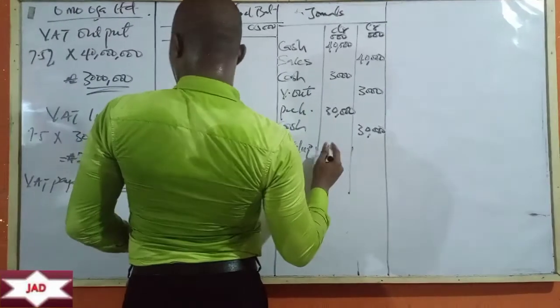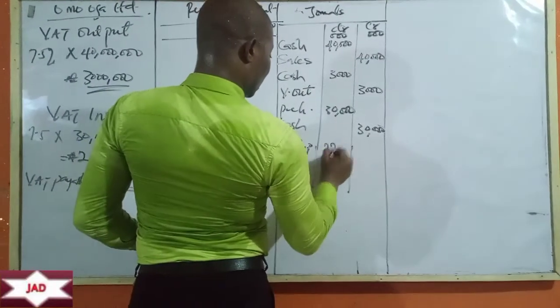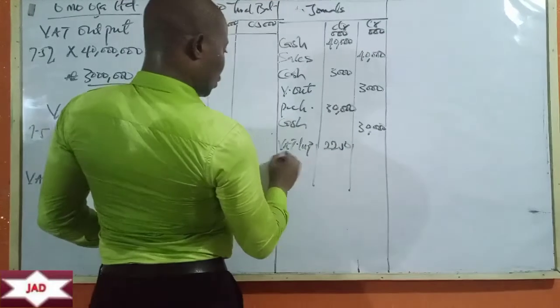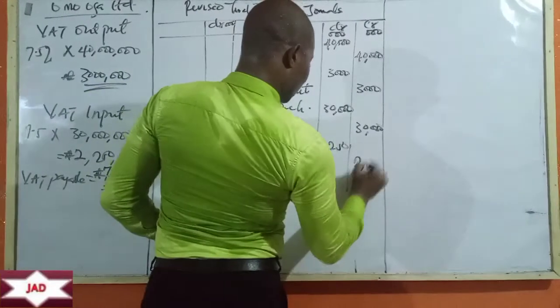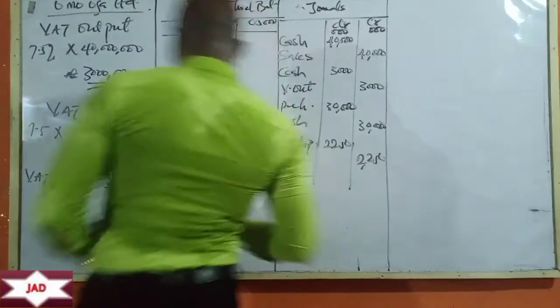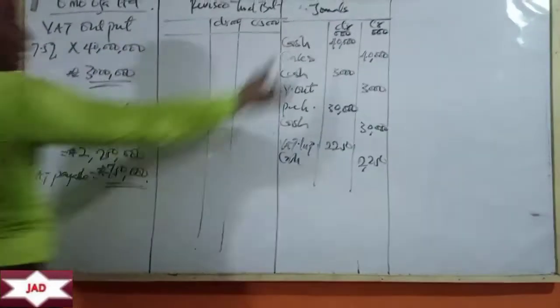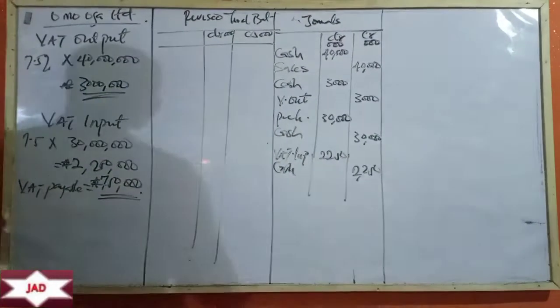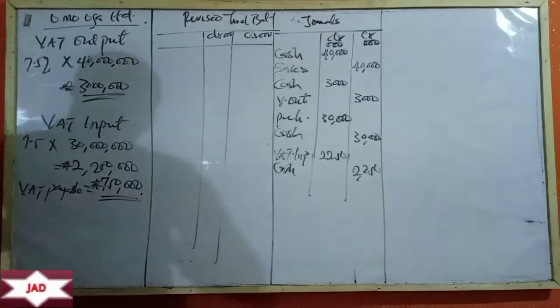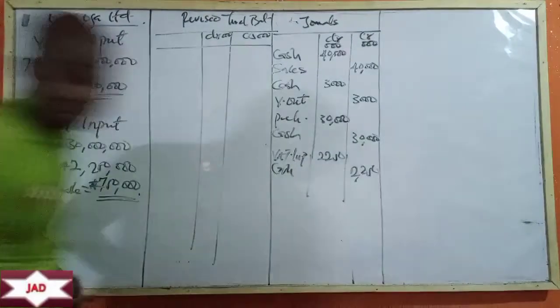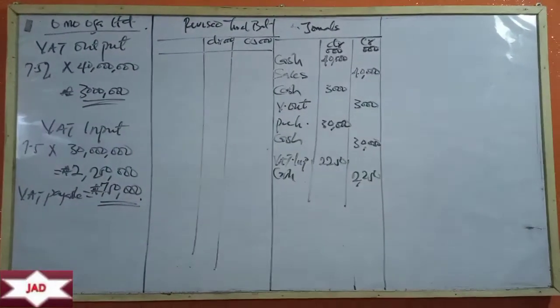So that's 2,250. Of course, you're going to credit cash with 2,250. So this is the journal entry for the VAT element there.